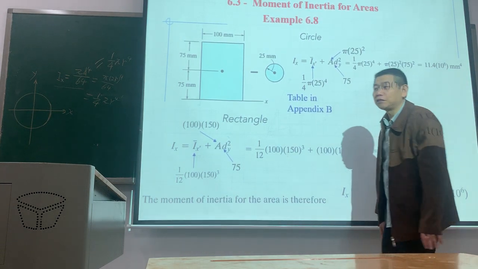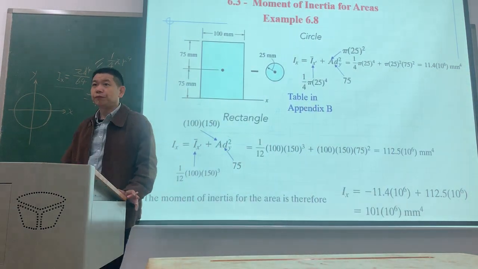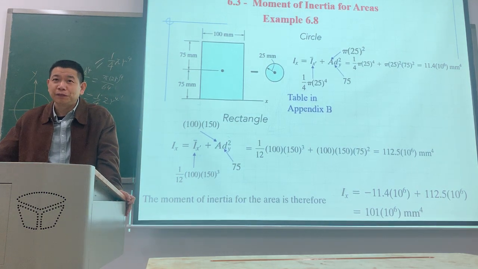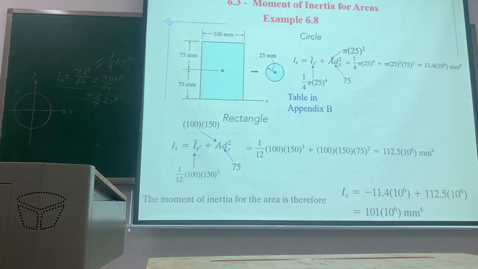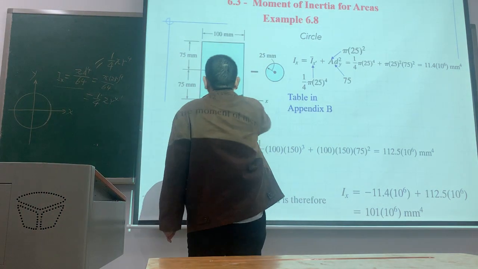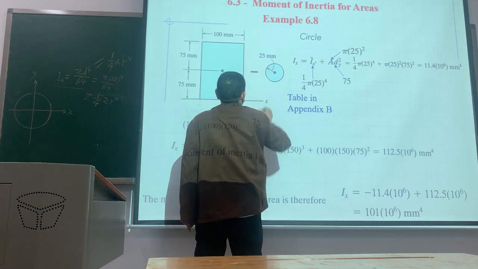Understand? It's difficult. If you've been told to find the moment of inertia, what was this question? Moment of inertia of the x-axis. Yes, it means this x is x prime.